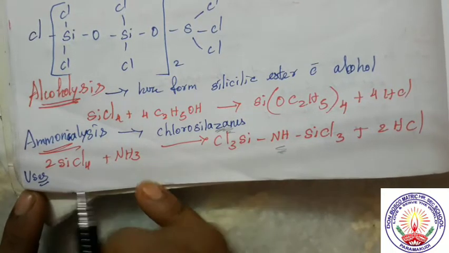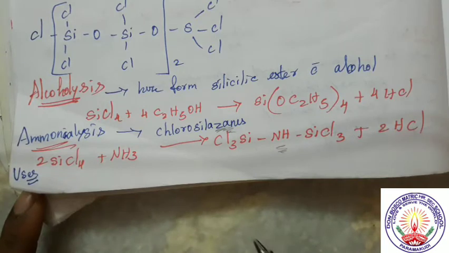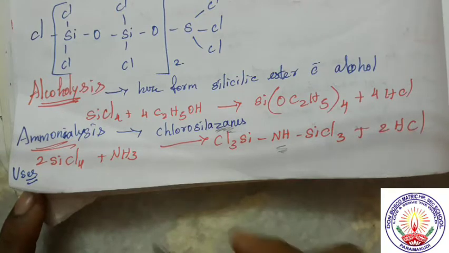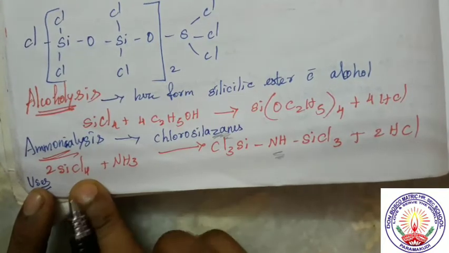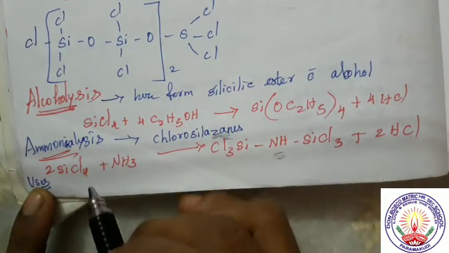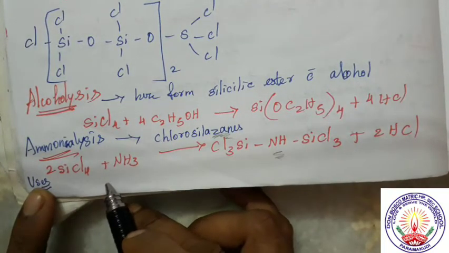It is used as a binder in ceramic materials, that is, பீங்கான் பொருளெல்லாம் அதை ஒட்டுறதுக்கு, when making it, this silicon tetrachloride is used.